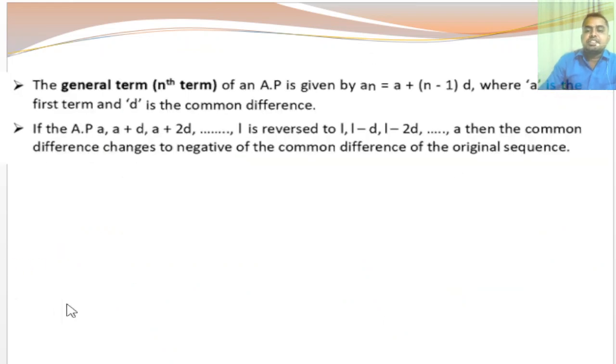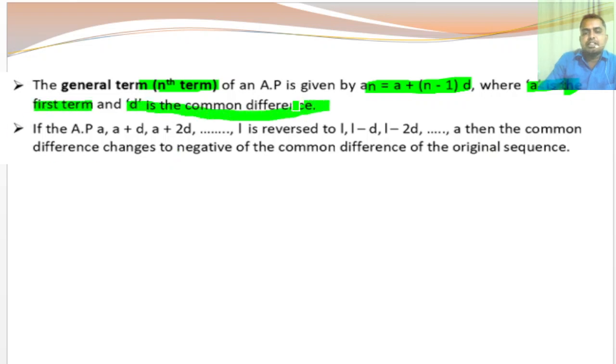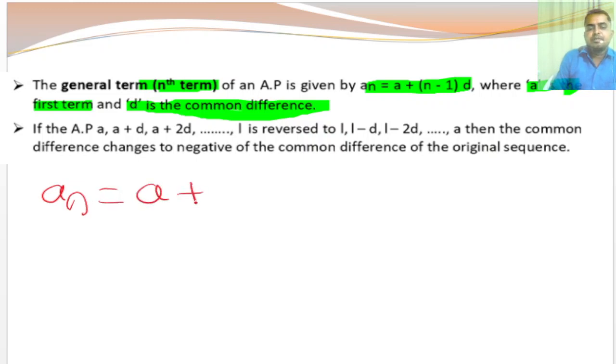Next, the nth term of the AP. Generally, the nth term of the AP is given by an is equal to a plus n minus 1 into d, where a is the first term and d is the common difference. So to calculate the nth term of the AP, we use this formula: an is equal to a plus n minus 1 into d.